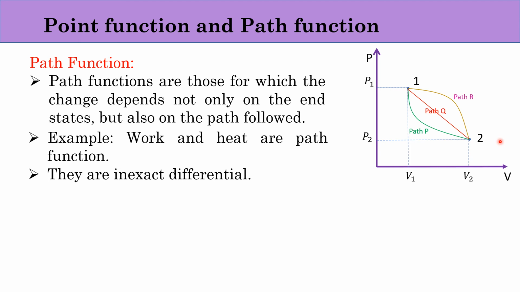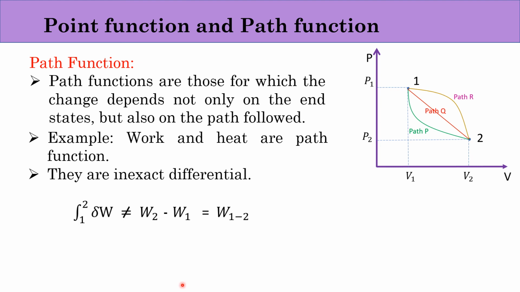Because we cannot find the work done as W2 minus W1, because work done is the area under the curve. And you can see from the graph, if it is following the path Q, the work done will be increased, and if it is following the path R, then the work done will be more than for path P and path Q. So we say that path functions are inexact differentials.